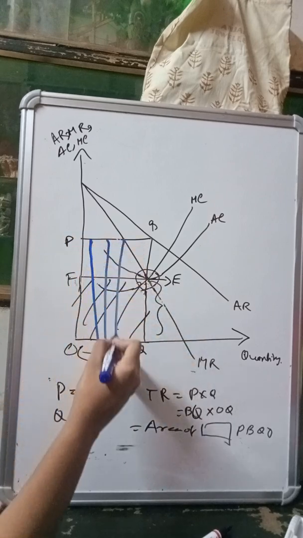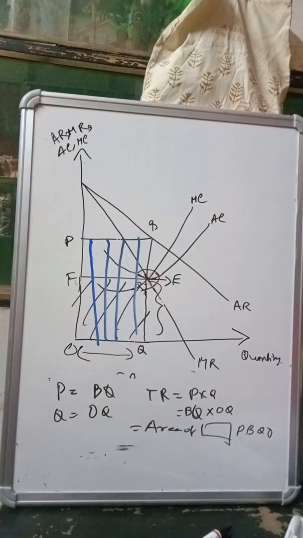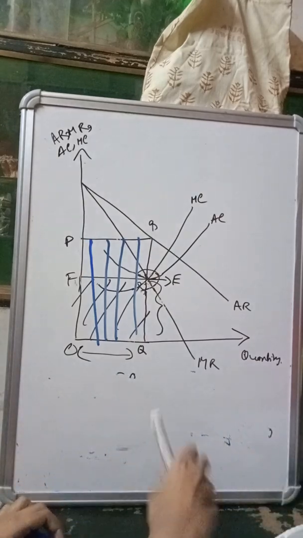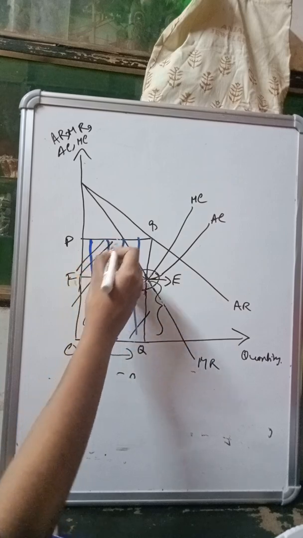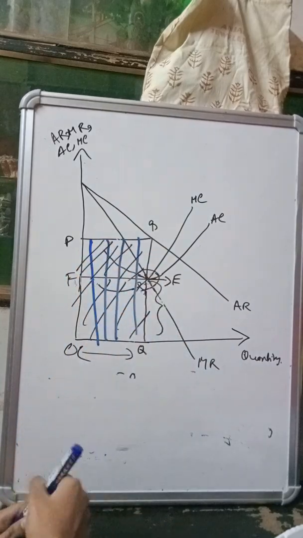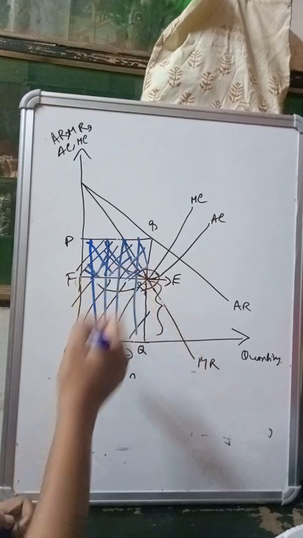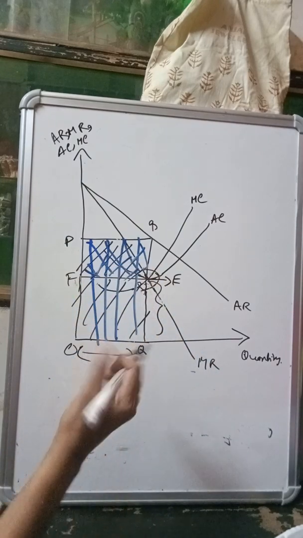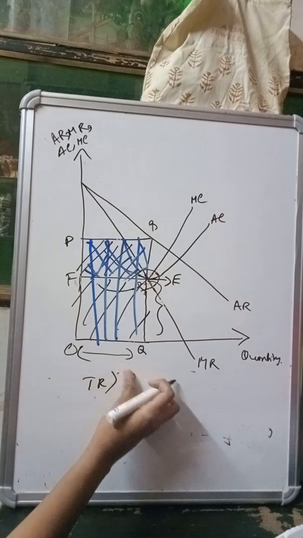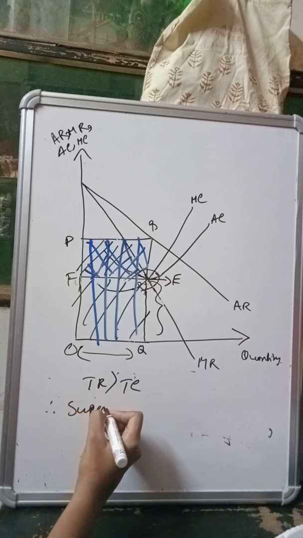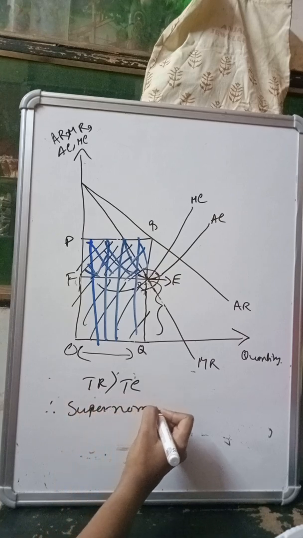Now as you can see, the total revenue rectangle is much larger than the total cost rectangle. So obviously my firm will earn a supernormal profit. This is my profit portion, okay? So TR is greater than TC, therefore supernormal profit.